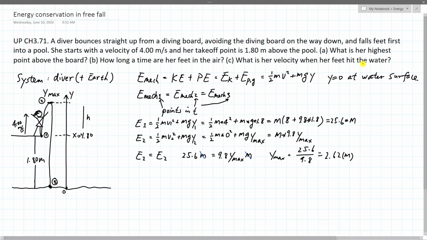So her point above the board, that means the delta y, is equal to the difference between these two, 2.6 and 1.8.